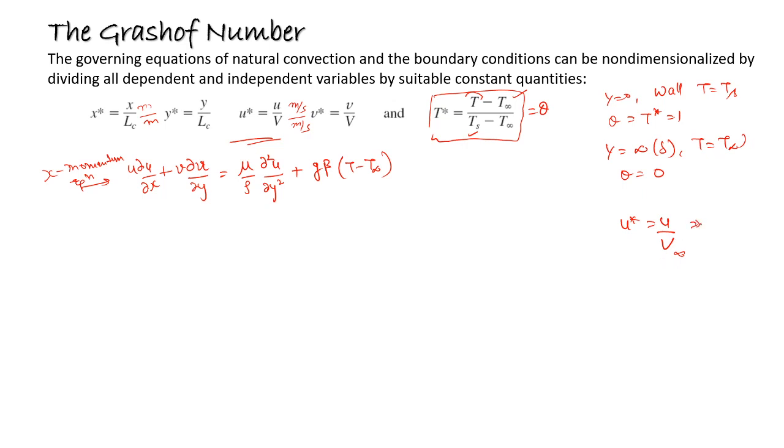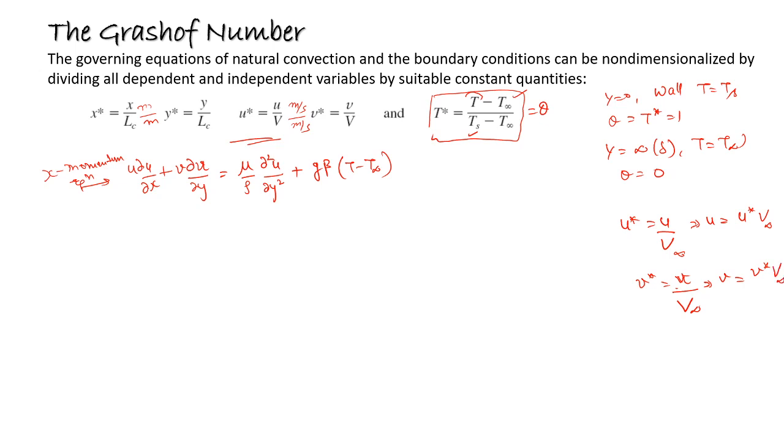So u can be replaced as u star into V infinity, and this is a constant term. Similarly, v star is equal to v over V infinity, which means v is equal to v star into V infinity, right?